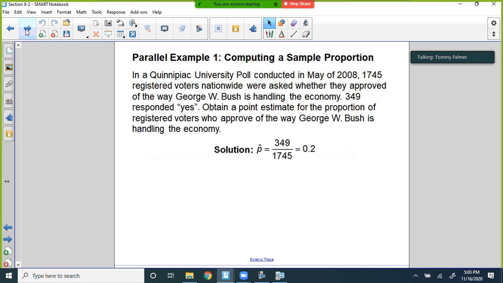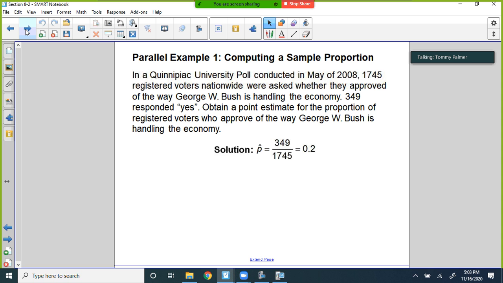So here's an example. In a Quinnipiac University poll conducted in May of 2008, 1,745 registered voters nationwide were asked whether they approved of the way George W. Bush is handling the economy. 349 responded yes. Obtain a point estimate for the proportion of the registered voters who approve of the way George W. Bush is handling the economy.